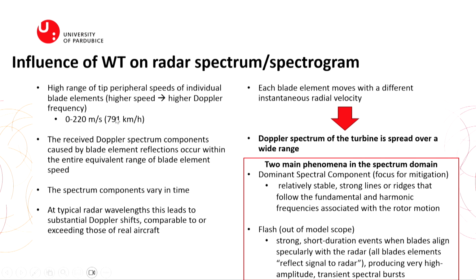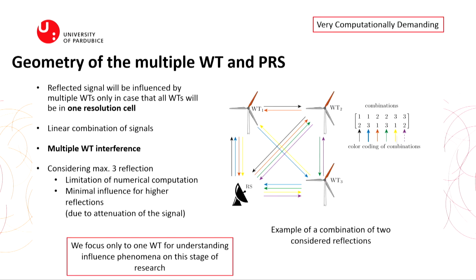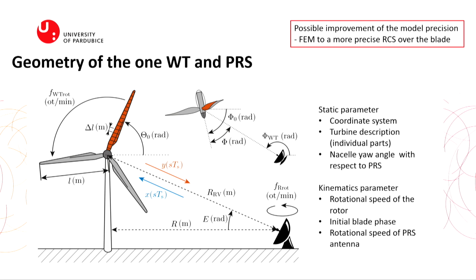It is just the speed of a classic plane on arrival. So the received Doppler spectrum components caused by blade element reflection occur within the entire equivalent range of blade element speed. And we will go to this one.